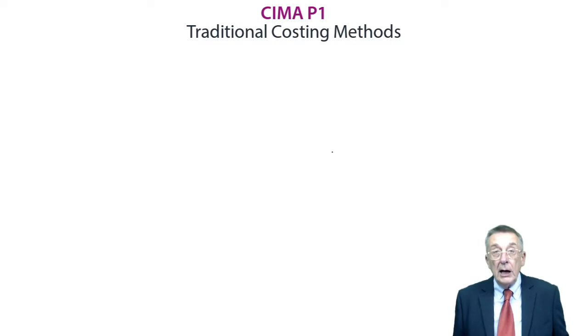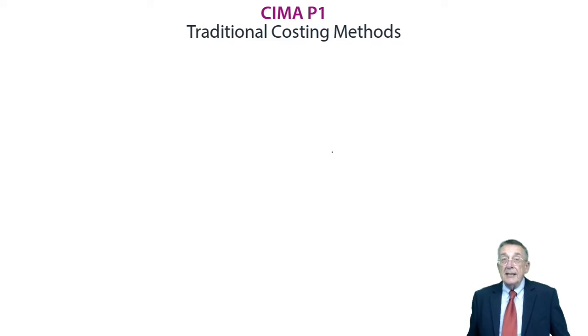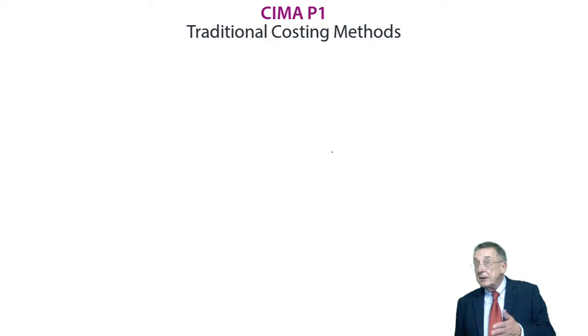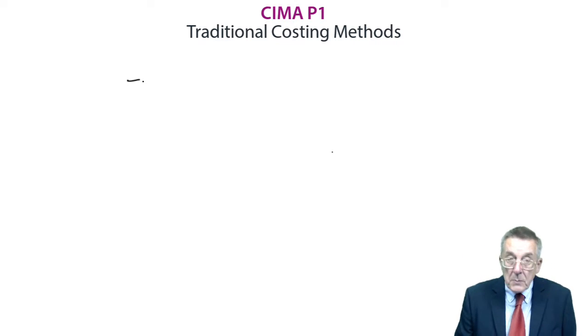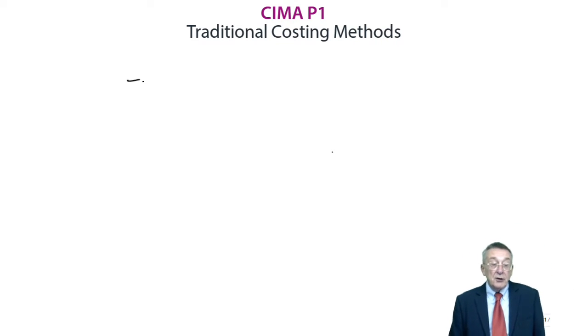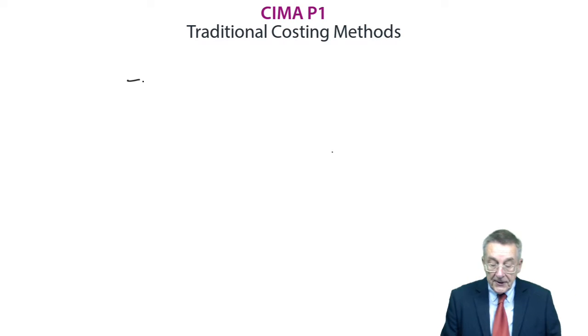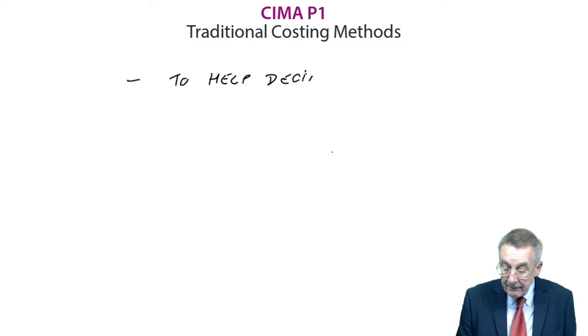Before I quickly remind you of them, exercise 1 says, why do we need to get a cost per unit in the first place? Well, I think the most obvious reason of all is to help decide on a selling price.